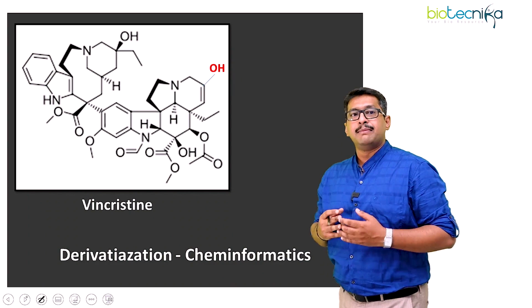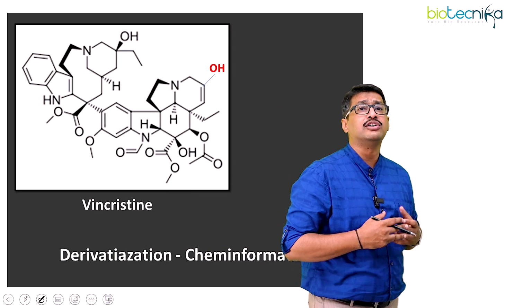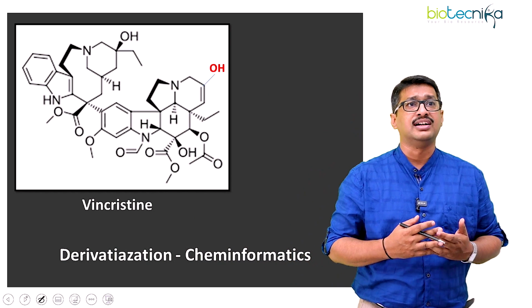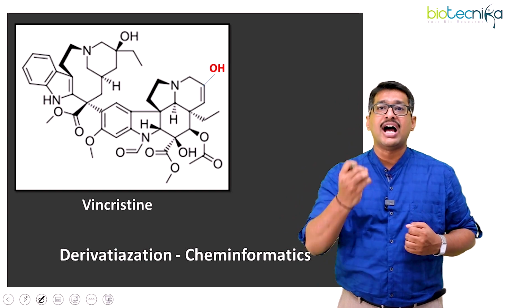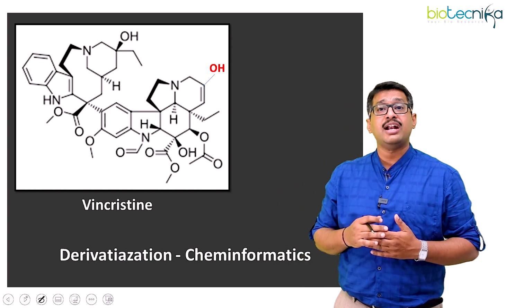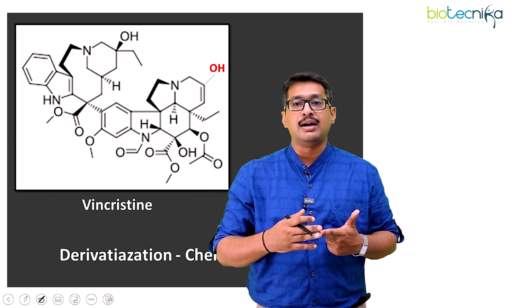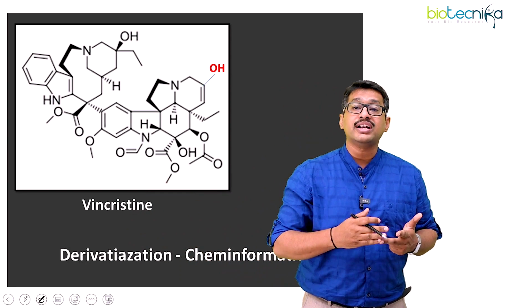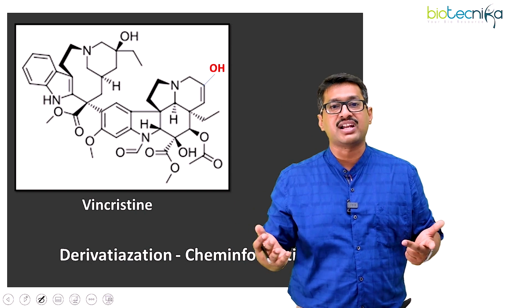To study this in a much better way, we need the introduction of a chemical molecule, because finally I want to treat this cancer. For treating this cancer, I need to have a chemical molecule, which we call a ligand molecule. Now this ligand molecule could be from a herbal source, it could be from a phytochemical source, or it could be from my chemistry laboratory, so it could be a synthesized chemical.